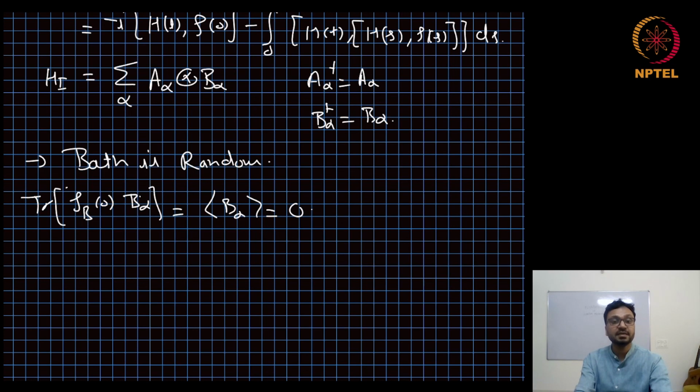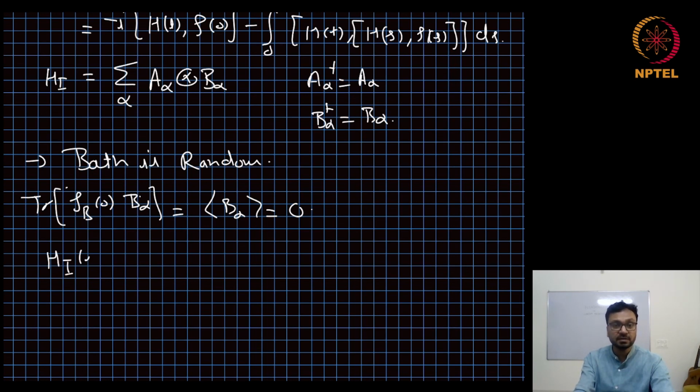So it's a maximally random state. The bath is always in a maximally random state, so that no information can be extracted from the bath. It means the expectation value of the bath operators we have used in the expansion of the interaction Hamiltonian is 0. This is what we will call the bath being completely random.